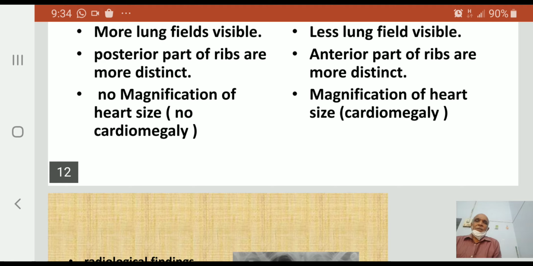Then we may say the patient has cardiomegaly and advise unnecessary investigations such as ECG and echo, and give a financial burden to the patient. So up to this X-ray we can conclude.